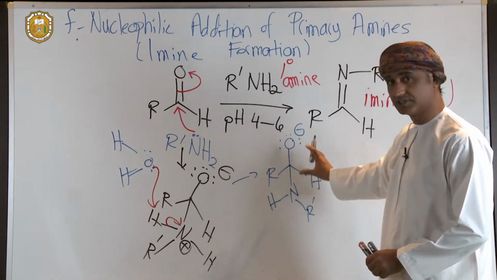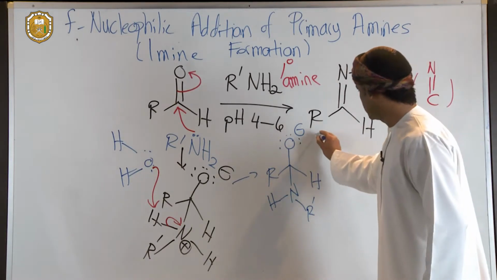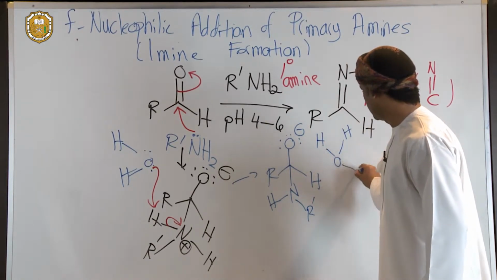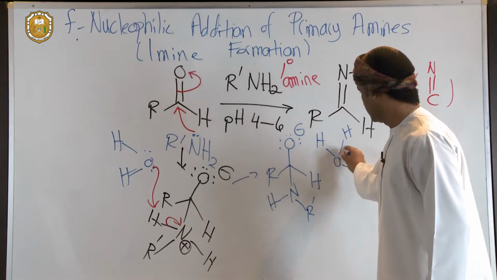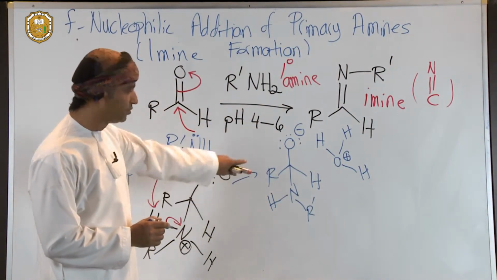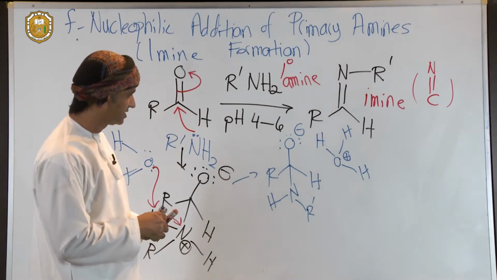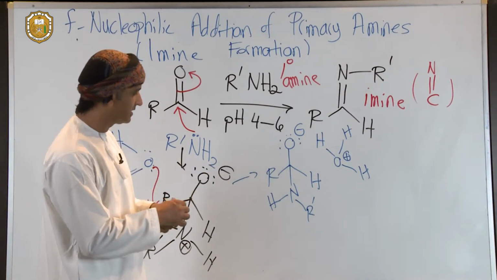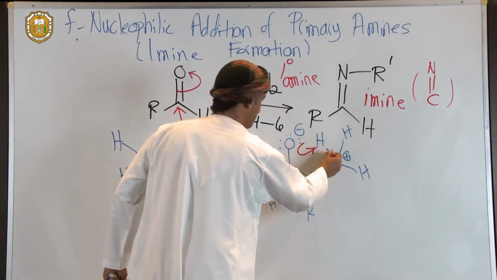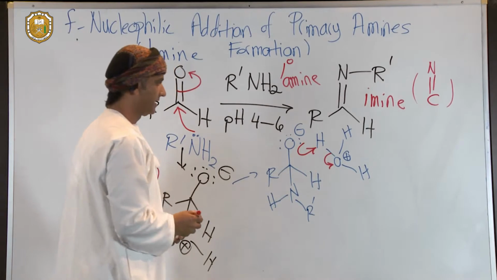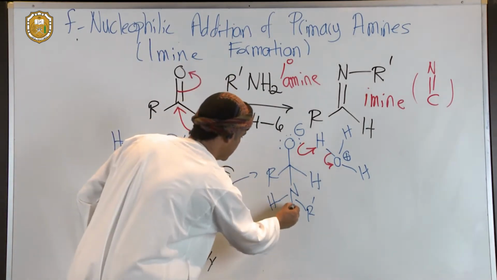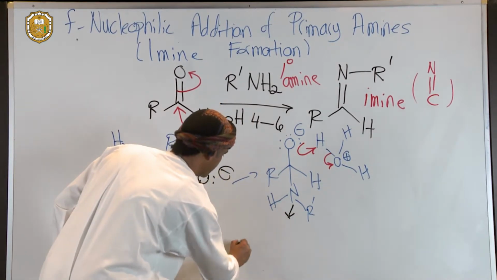So we have this alkoxide intermediate, plus we have the hydronium ion here, which has been generated along with that intermediate. So what's going to happen next is that the alkoxide will now get protonated by the hydronium ion formed in the first step. So what we get is this.